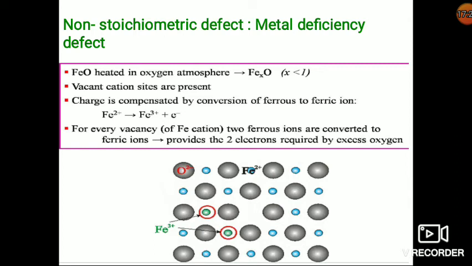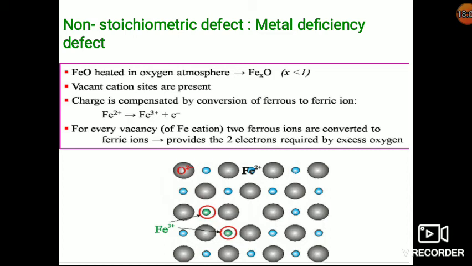So if 2 iron 2 plus are converted into 2 iron 3 plus, then 3 sites will get vacant. Now in these 3 sites only 2 sites can get filled, because iron 3 plus is only 2 atoms. So there is an excess vacant site that is generated, and that will get occupied by the electron.